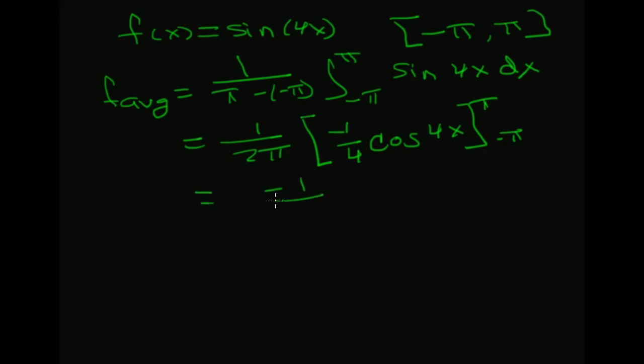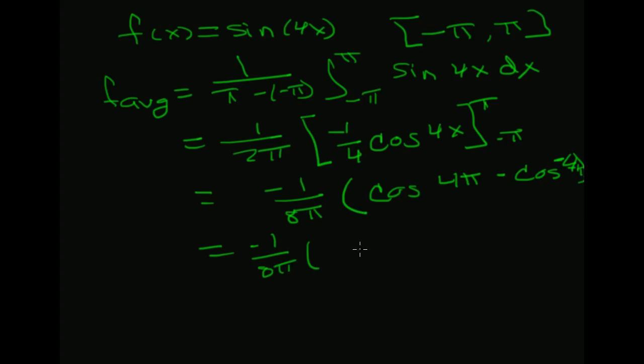So this is negative 1 over 8 pi times cosine of 4 pi minus cosine of negative 4 pi. The cosine of 4 pi is 1. The cosine of negative 4 pi should also be 1. So this goes to 0, which means this whole thing just goes to 0.